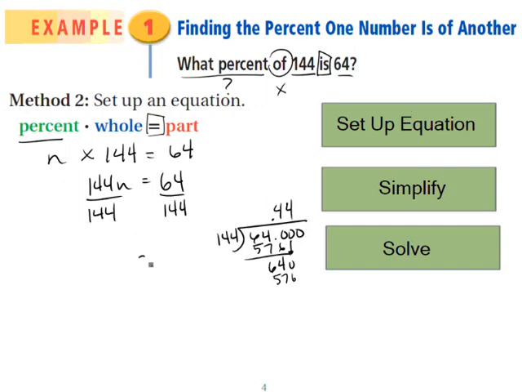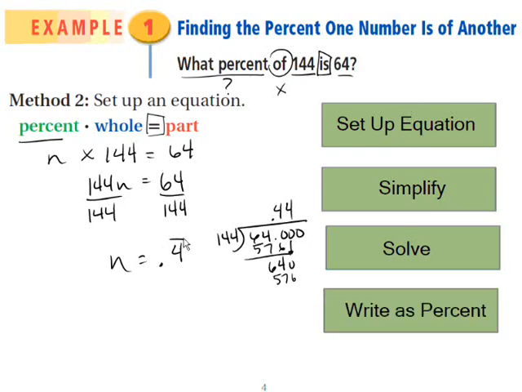I can see that I'm just going to keep getting 4's, so the solution for n is 0.4 repeating. But I need to convert that into a percent. Keep in mind that 0.4 repeating means 0.44444 on and on forever.